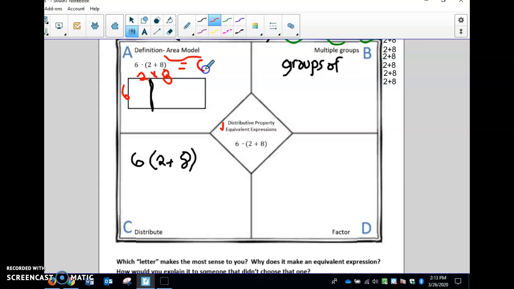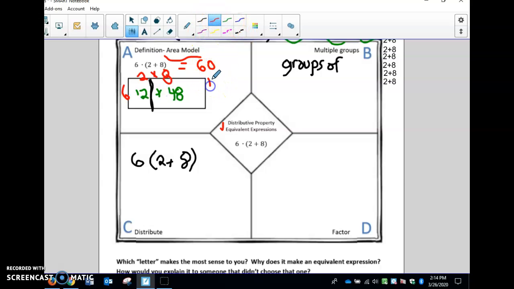However, I'm going to use the distributive property to make an equivalent expression. I could do 6 times 2 and get 12, and then I could do 6 times 8 and get 48. So I could actually use the distributive property to write this as 12 plus 48.